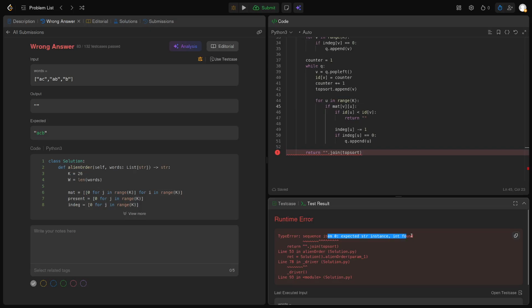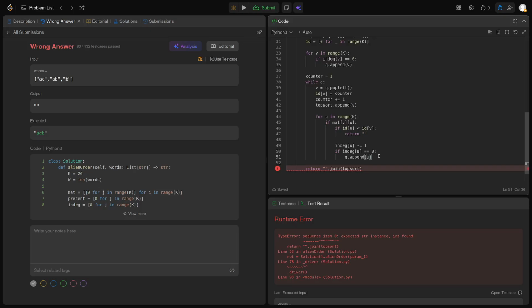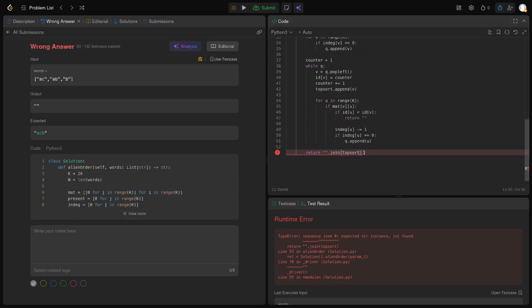Sequence item 0 expecting instructions, found int? What? What's up with this, bruh?